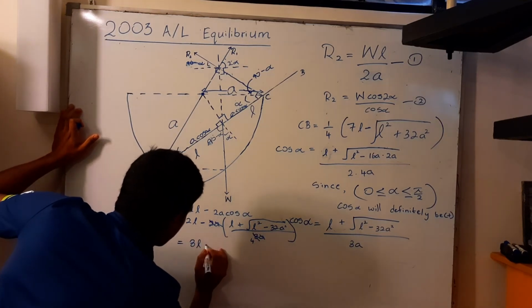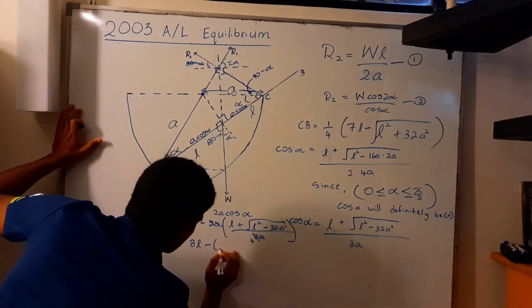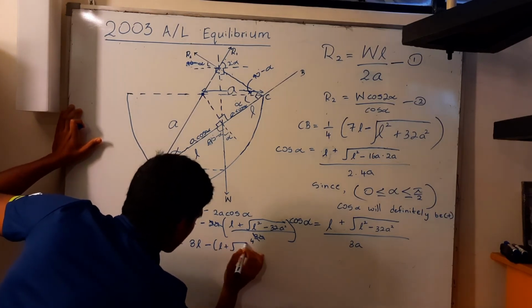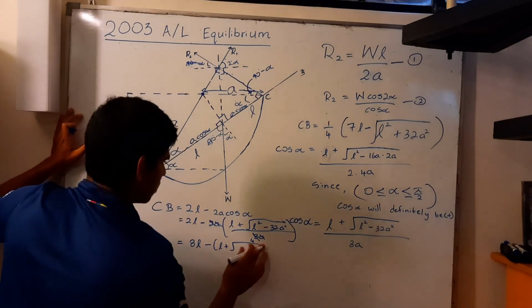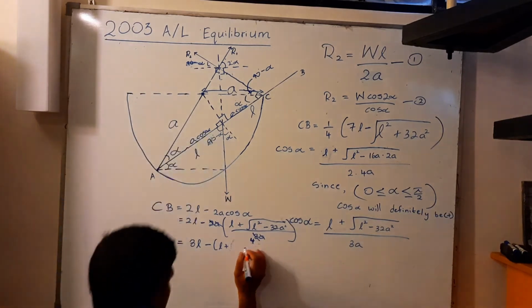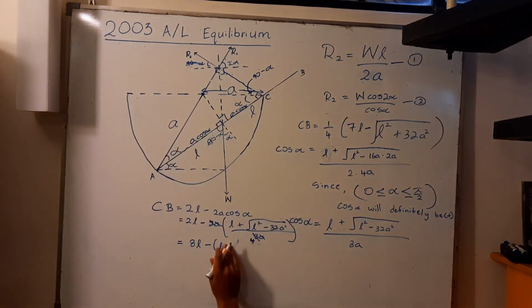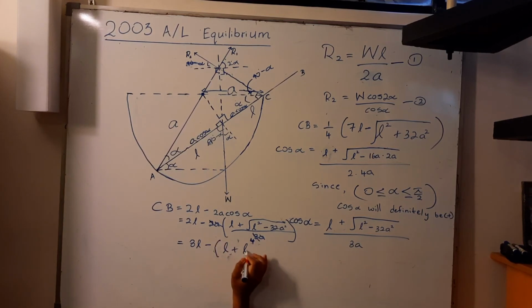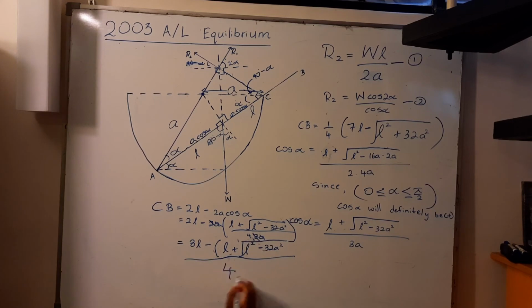So 8L minus L plus root of L squared minus 32A squared, whole thing over 4.